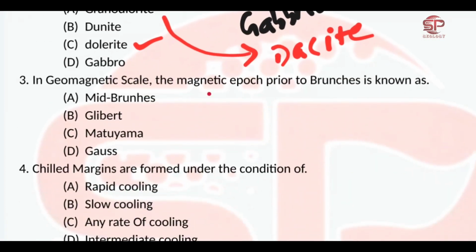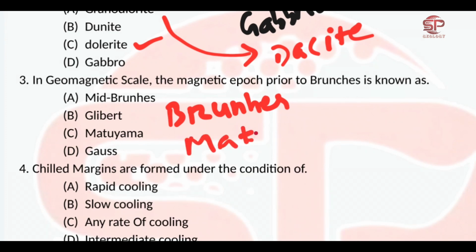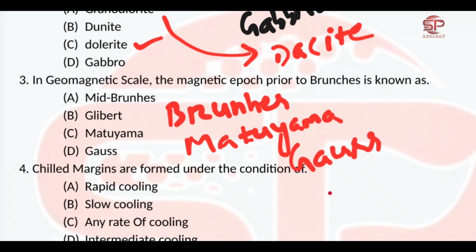On the geomagnetic scale, the magnetic epoch prior to the Brunhes is known as. The geomagnetic epochs, with increasing age, we can write down: Brunhes, Matuyama, then Gauss, then Gilbert.